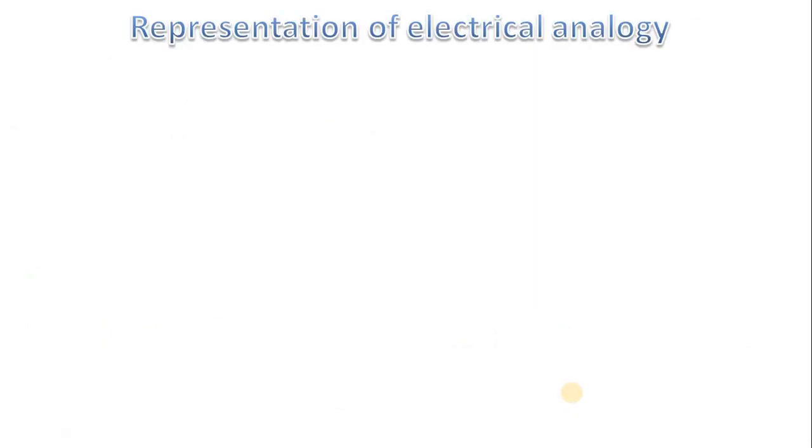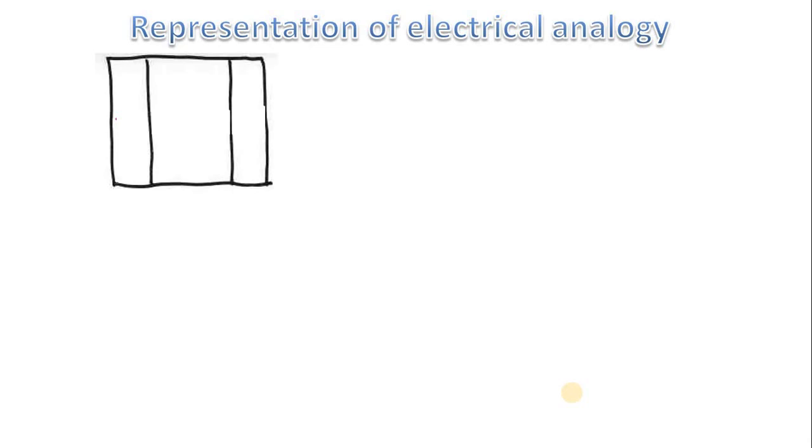Now how to represent it by electrical analogy? Here it is the thermal circuit. And now if I want to convert this composite slab into an electrical analogy, the simplest method is you need to represent in each and every slab a single resistance in this way.